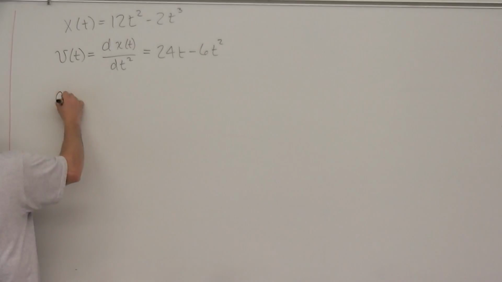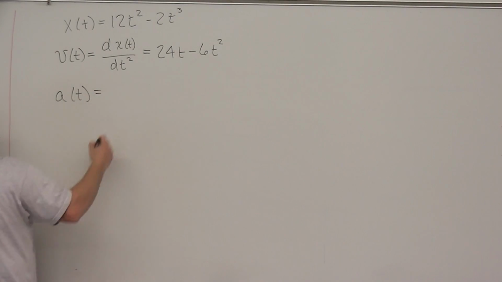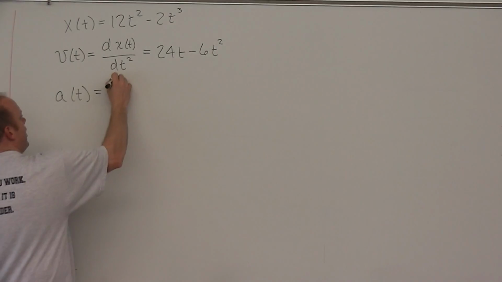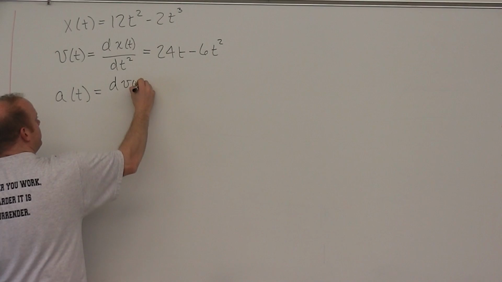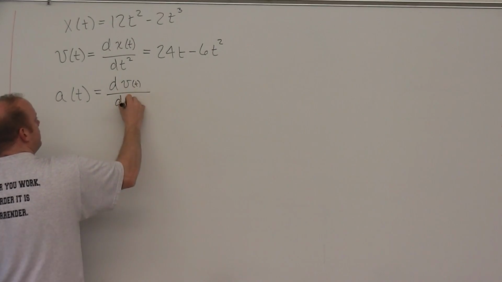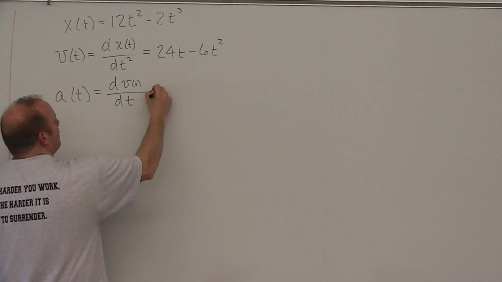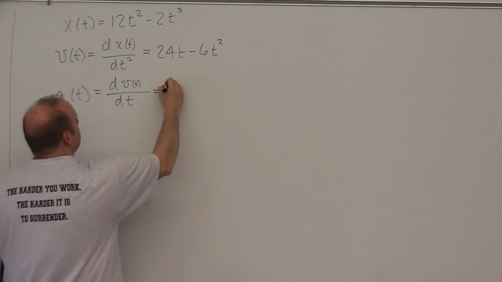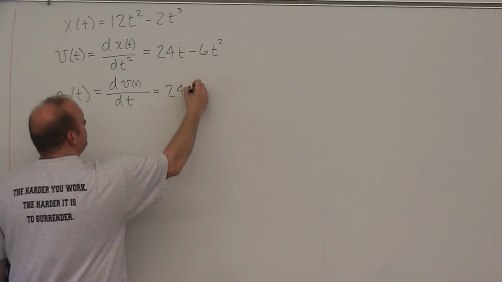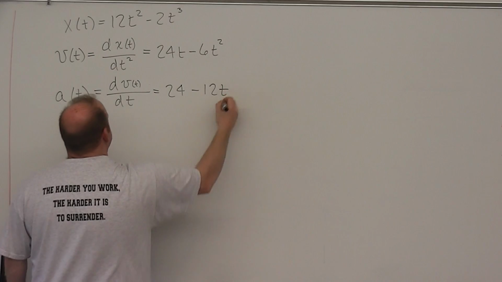And my acceleration as a function of time is equal to the derivative of velocity as a function of time. Okay? And so my acceleration will equal 24 minus 12t.